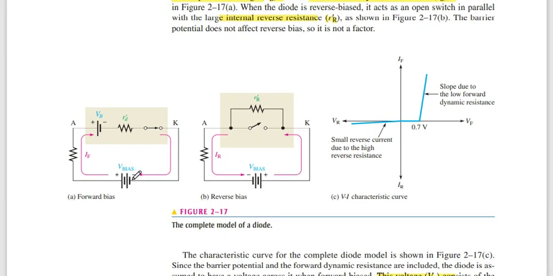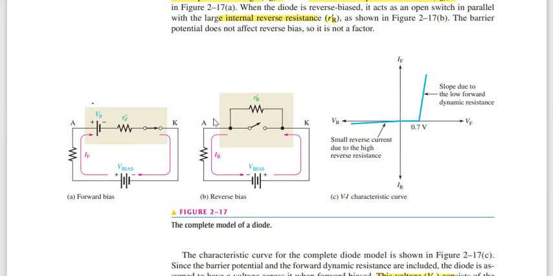So when we apply the voltage, again VB is 0.7 volt, and there is a very small amount of resistance, so the current passes through the circuit.